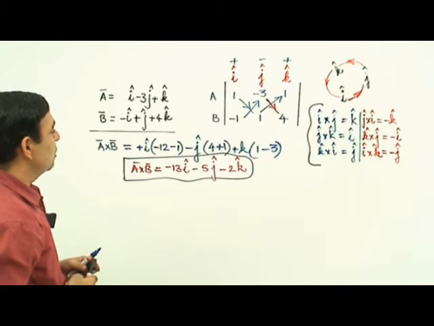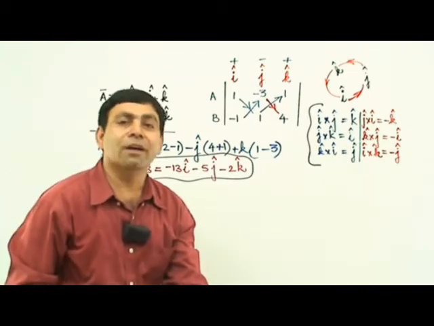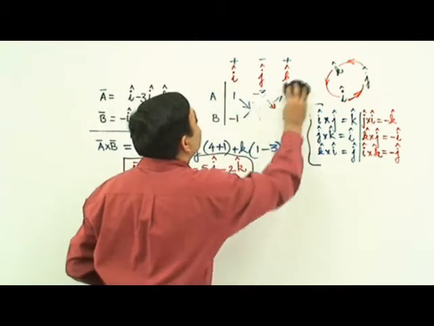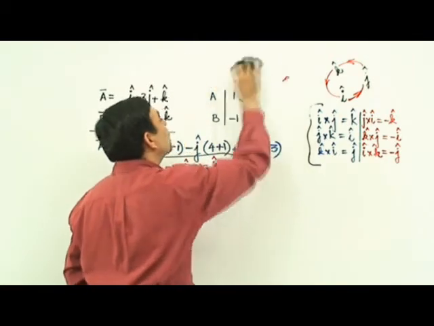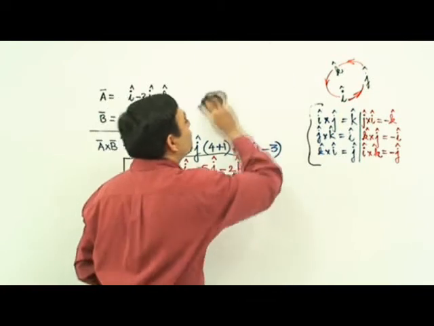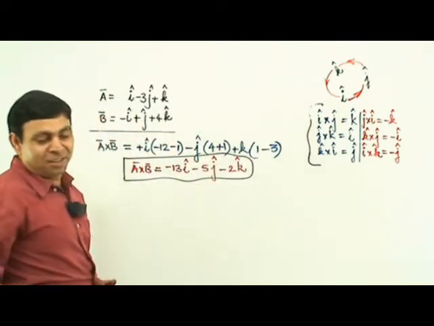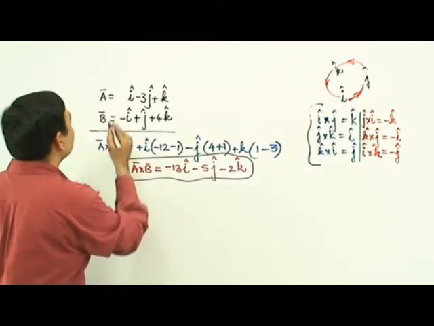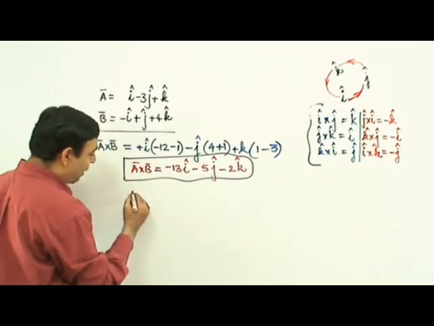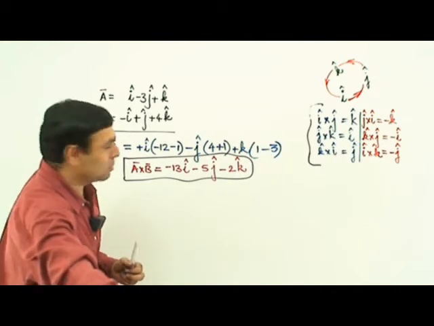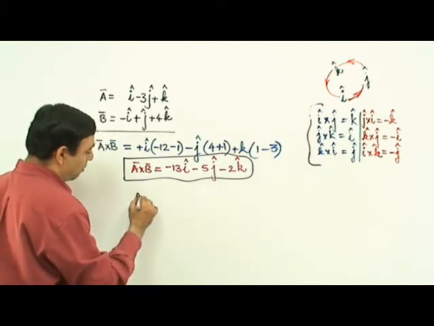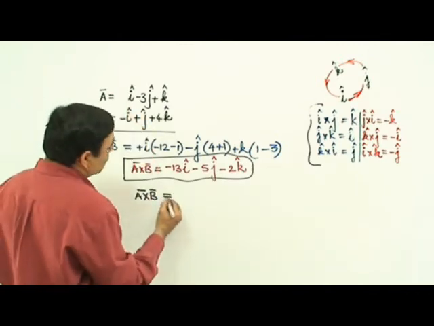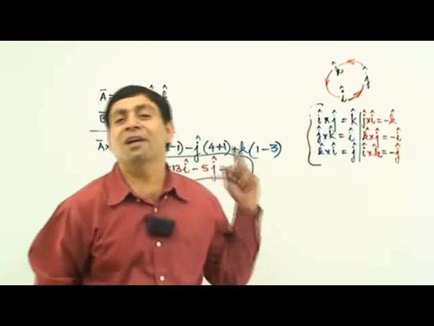Clear? But those who are comfortable with this determinant method, they don't even have to draw this determinant and write all this stuff. You can directly compute A cross B in much less time, a much shorter technique. So suppose you need A cross B. Let us straight away try to get A cross B here, for given vectors A and B. You already know, going by the determinant method, i, j, k, plus minus plus.